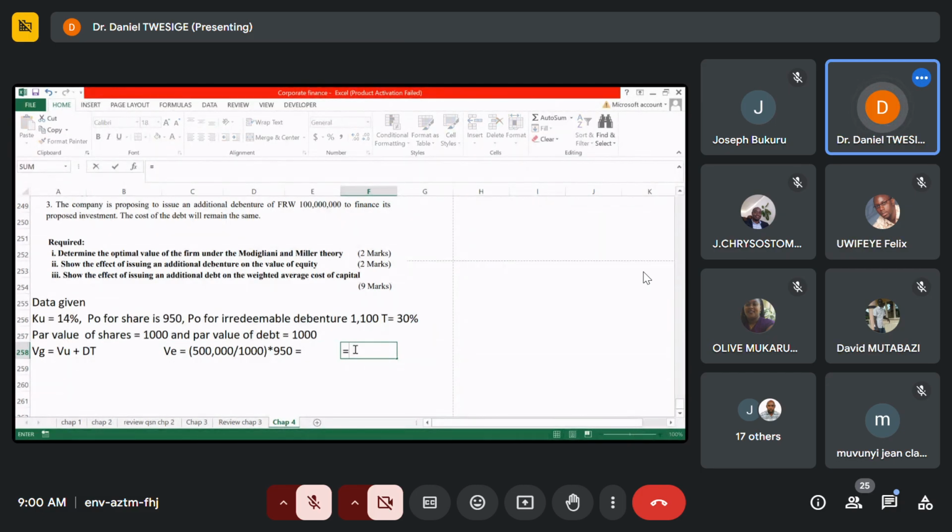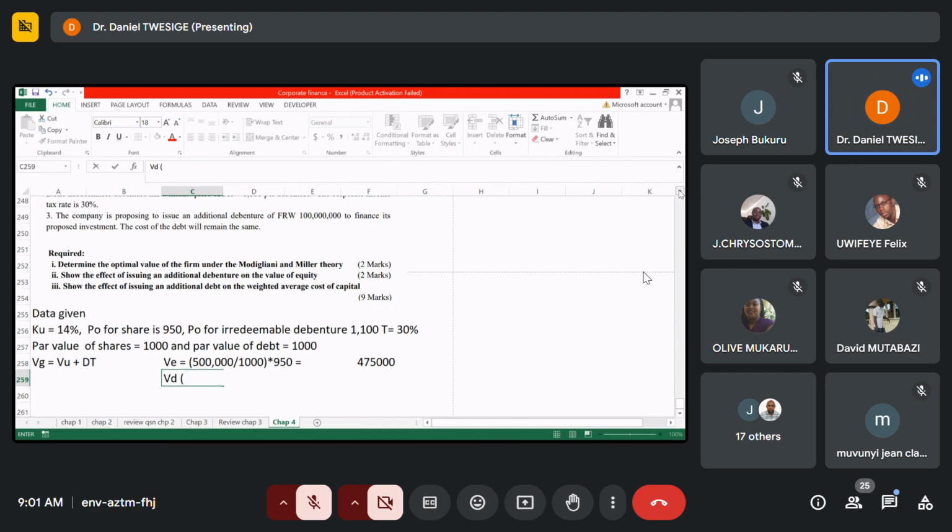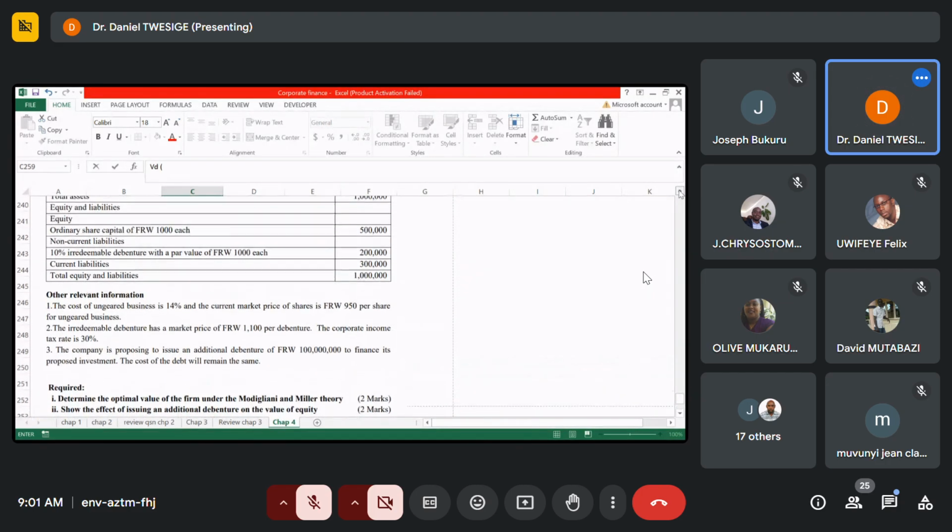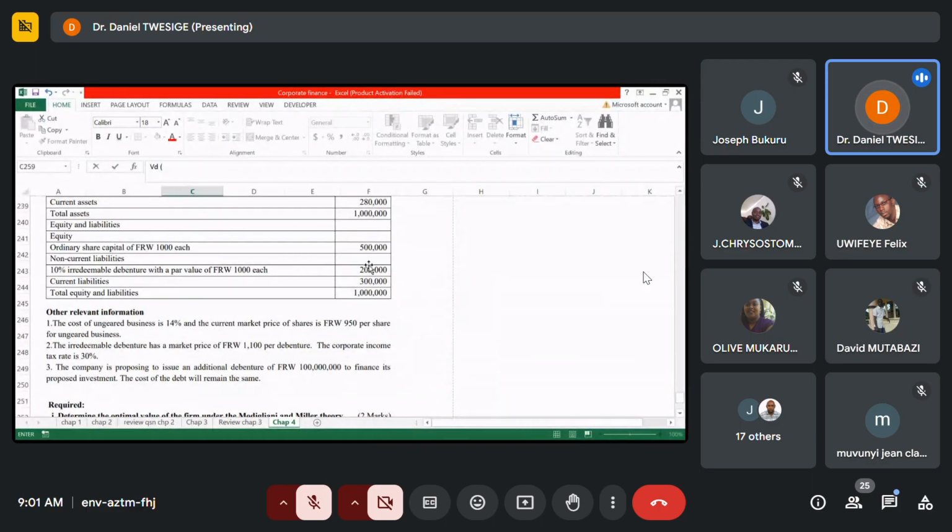So I'm getting 500 divided by 1000 times 950. That's the current value. Then what is the current value of debt? VD will be the current value of debt. The par value is 200.